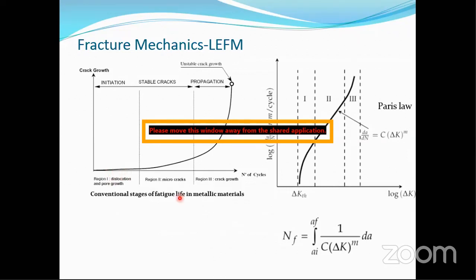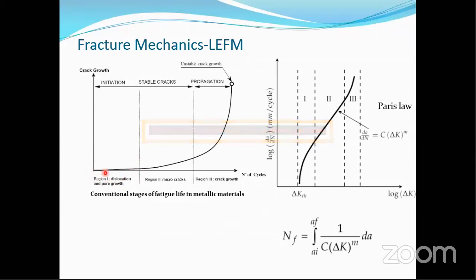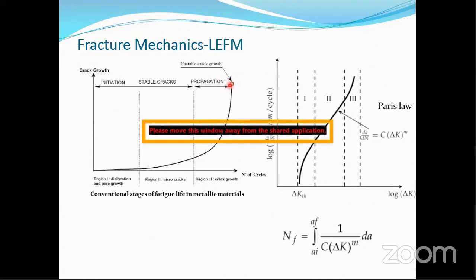After crack initiates, there will be dislocation and pore growth, and it will take maximum time here. Then it comes to stable micro cracks, then it goes to unstable crack propagation, there is unstable crack growth at this location. This is the final location.